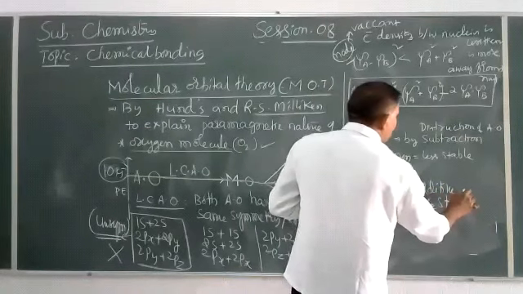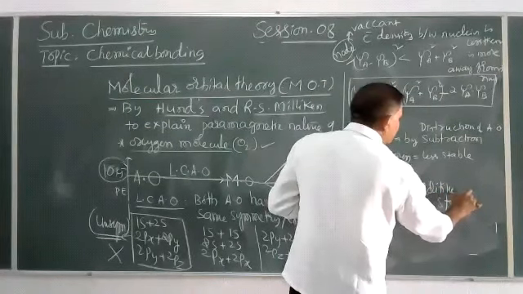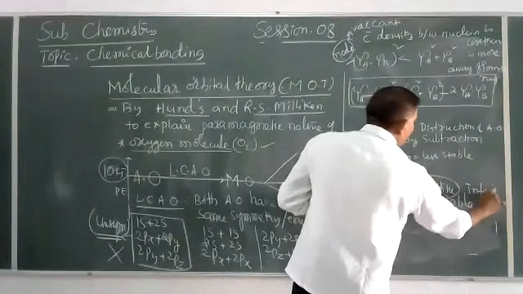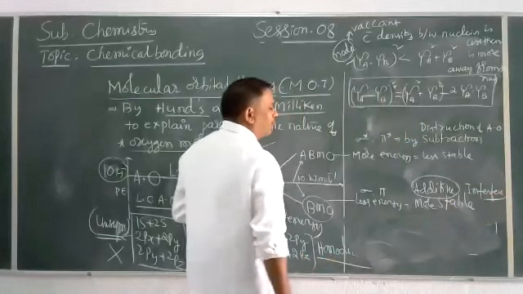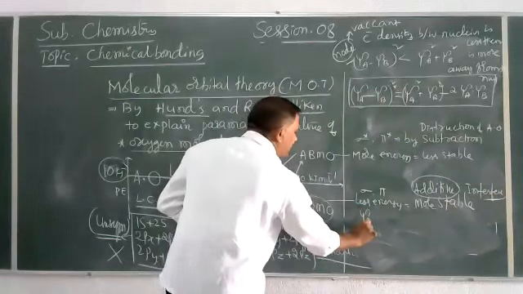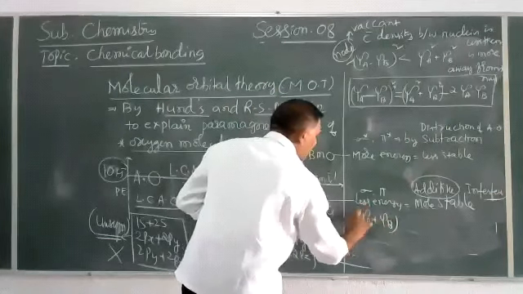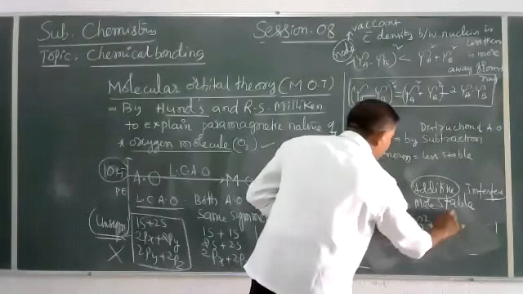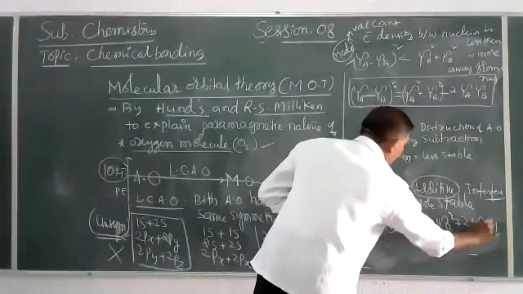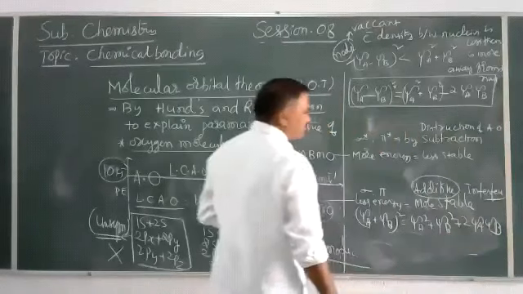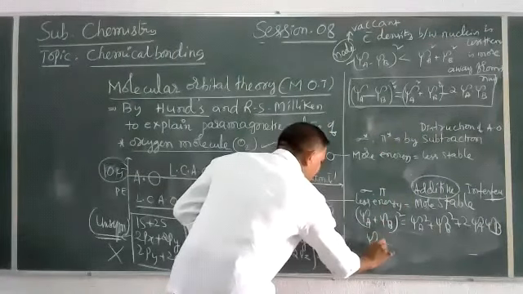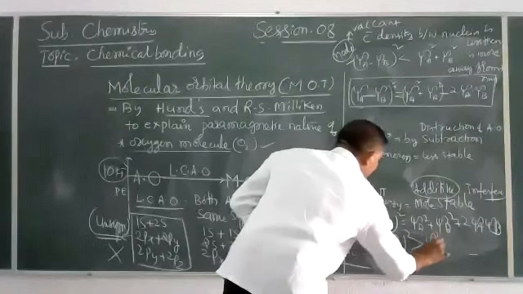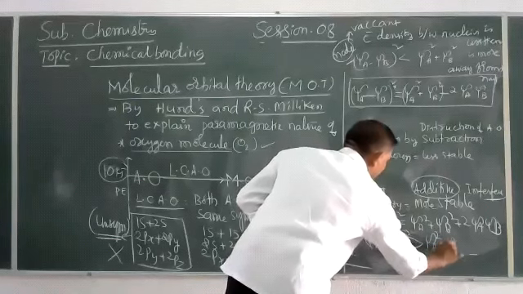Additive means additive interference. Additive interference, quantitatively formed, that is (psi A plus psi B) whole square is equal to psi A square plus psi B square plus 2 psi A into psi B. This indicates (psi A plus psi B) whole square is greater than psi A square plus psi B square.